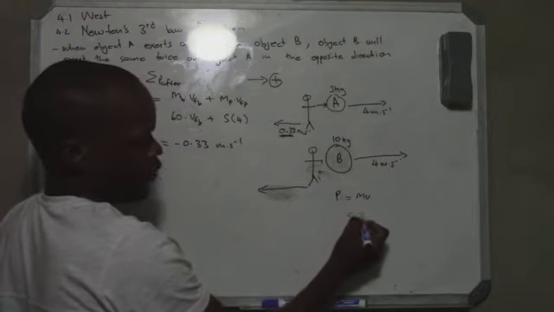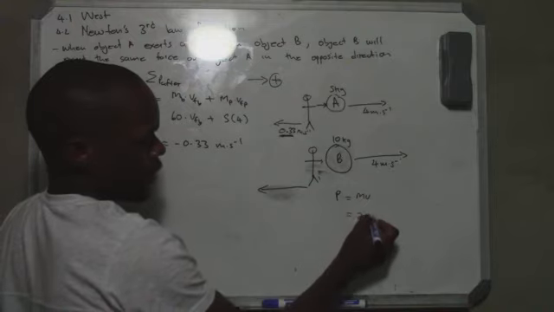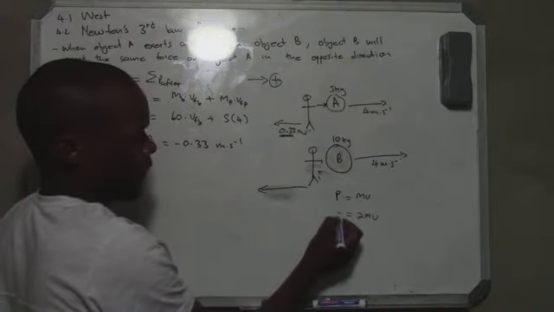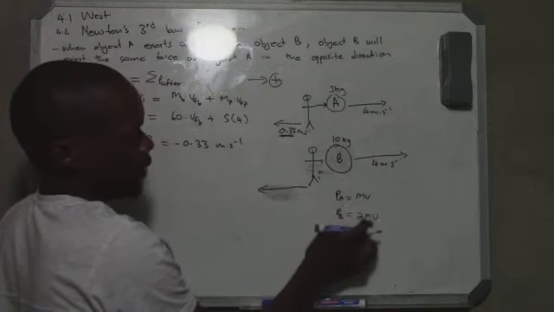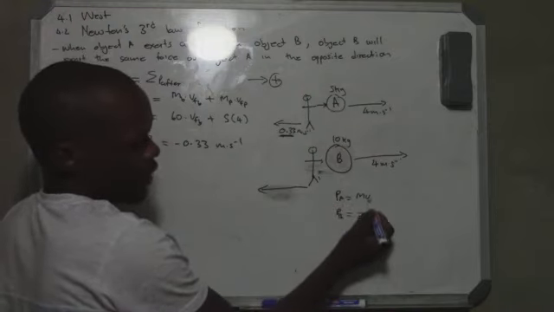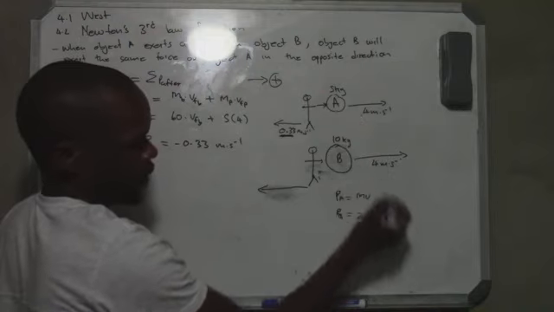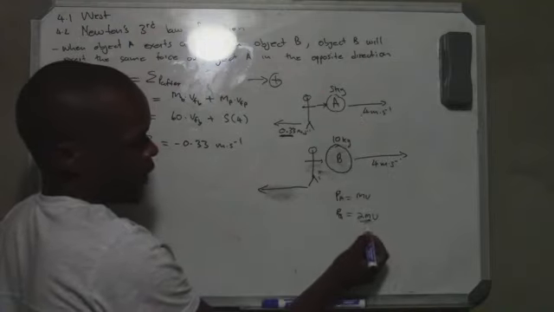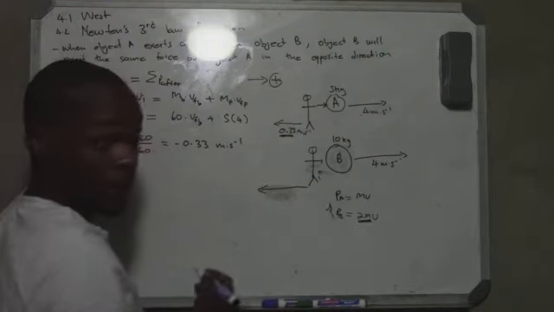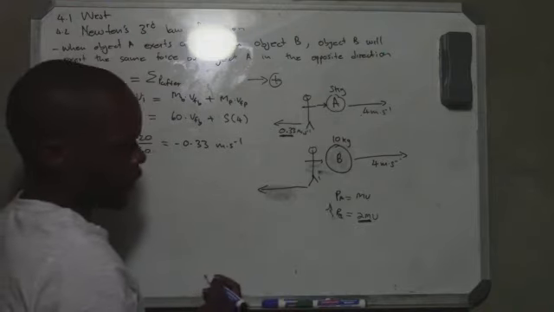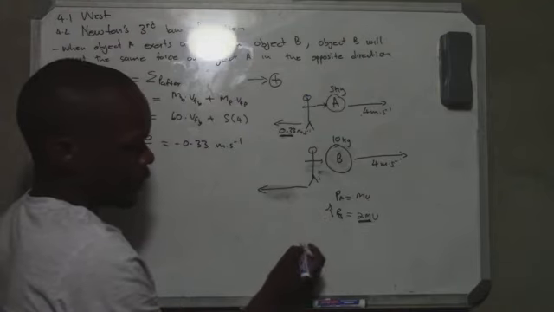So this will have to be a greater momentum, right? This is object A, this is object B. If the velocity is 4 meters per second for both, but I'm doubling the mass, I'll have to increase the momentum, right? If I double the mass, momentum will increase, right?